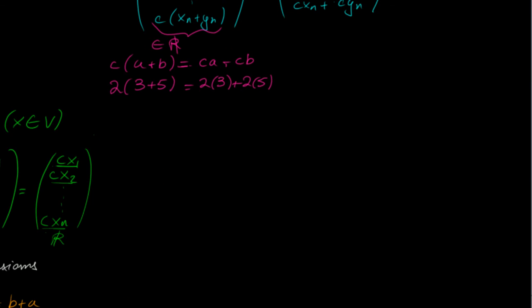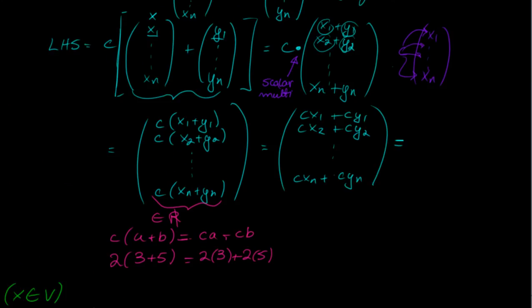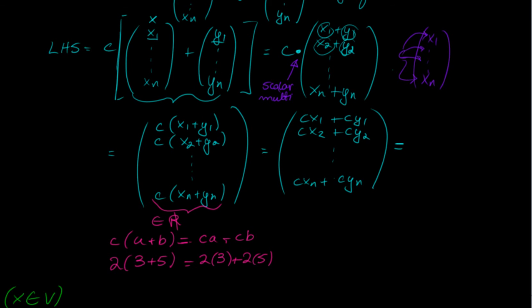Okay, so let's go back to where I was here. I'm going to decompose this into two vectors. So I'm going to have cx1 through cxn plus cy1 through cyn.